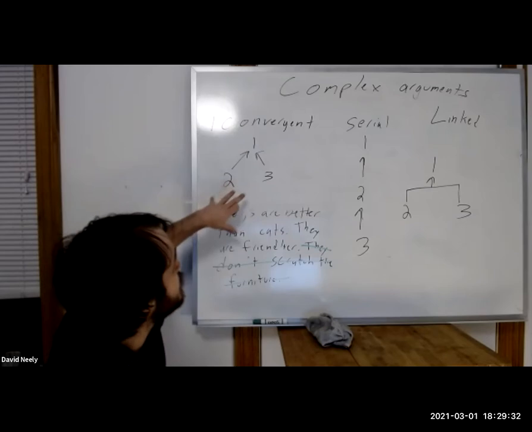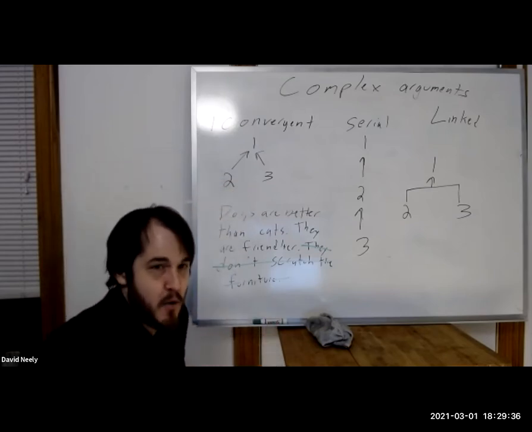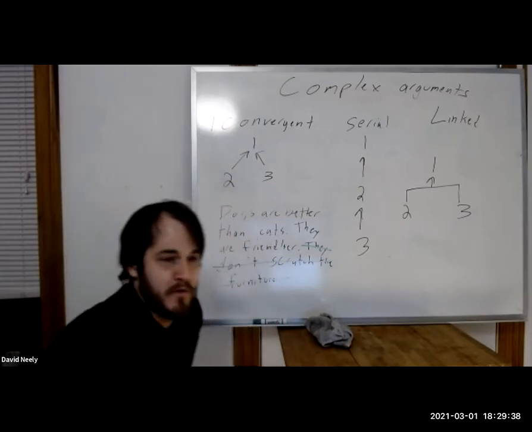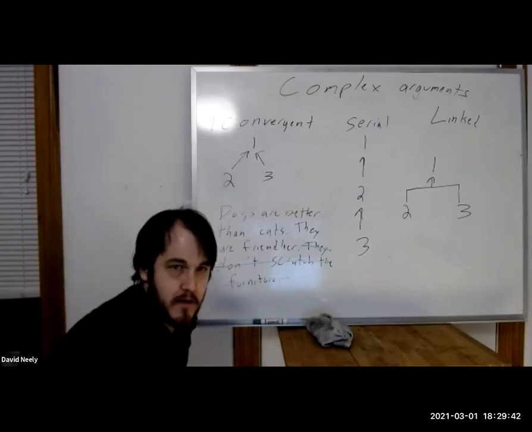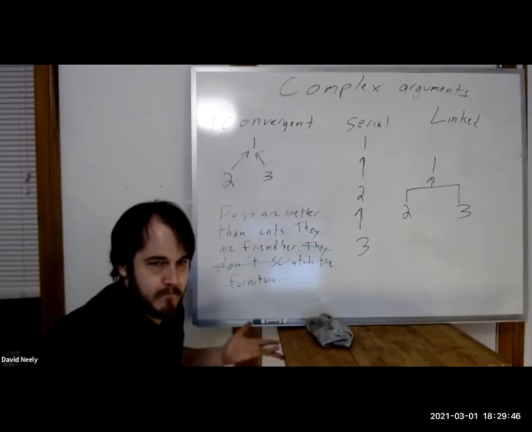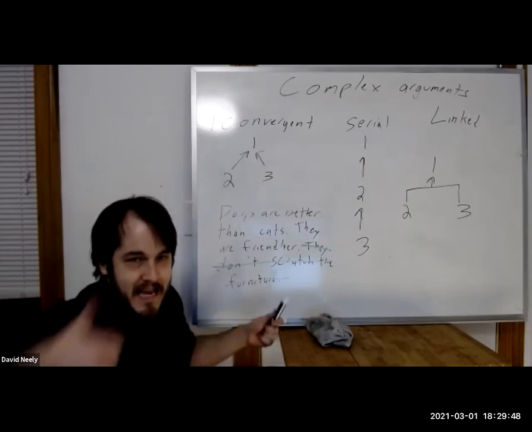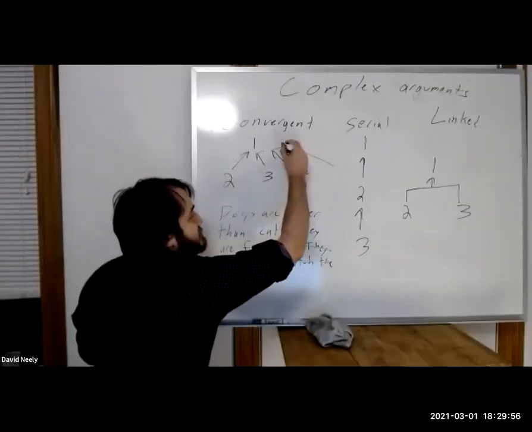And the thing about convergent is you can have as many as you need. So for instance, say you want to argue that pizza is the best food in the world. What are some reasons you might give? I don't know, it tastes good, it's easy to eat, it's cheap. With convergent, you can have any number of convergent premises.